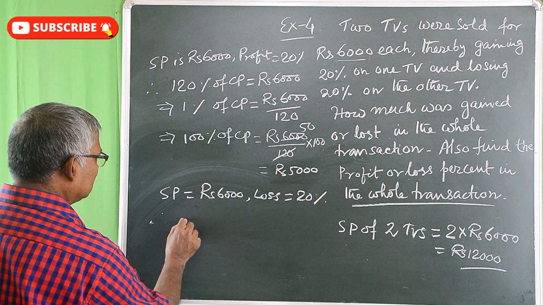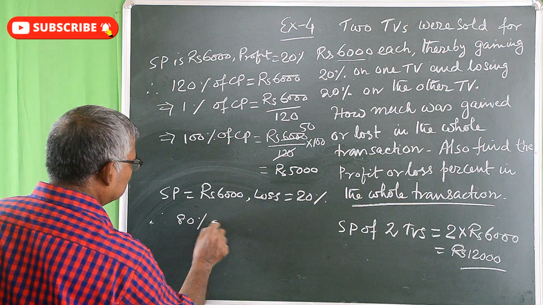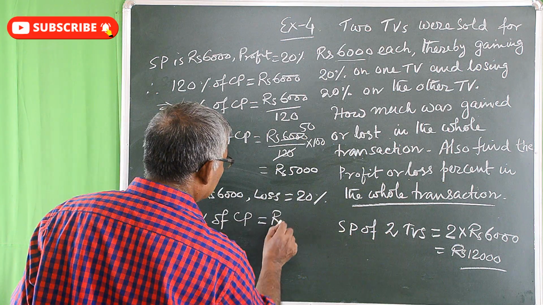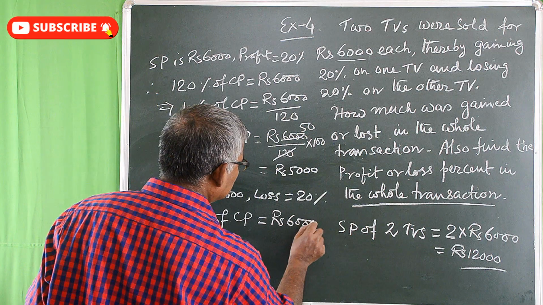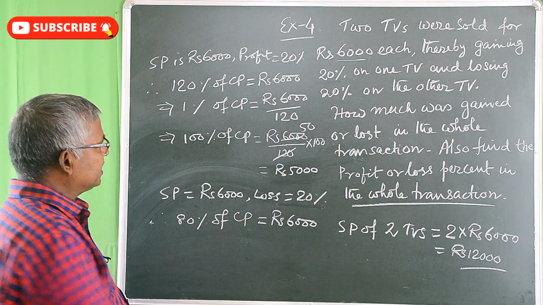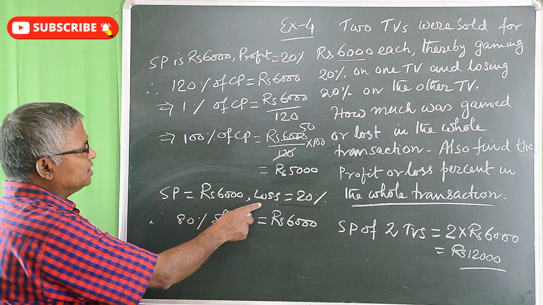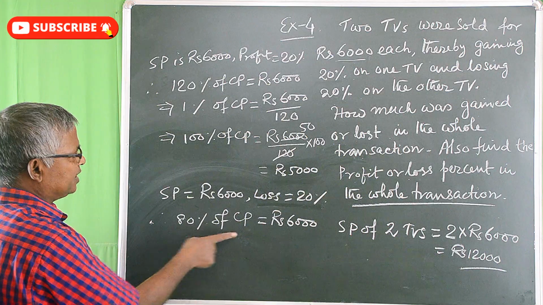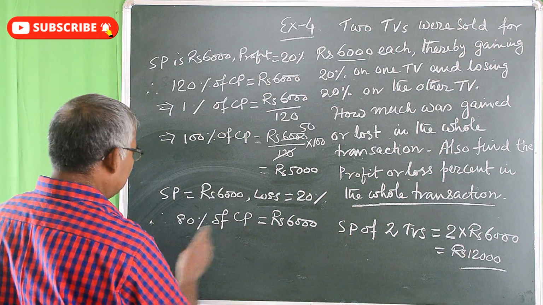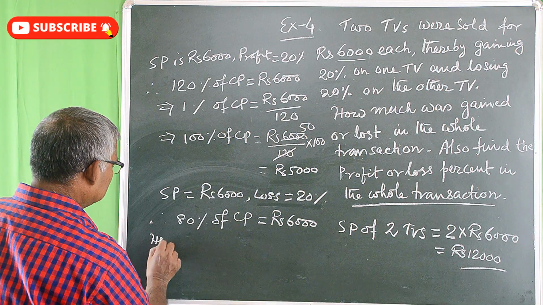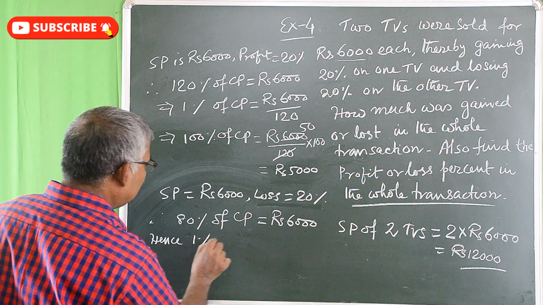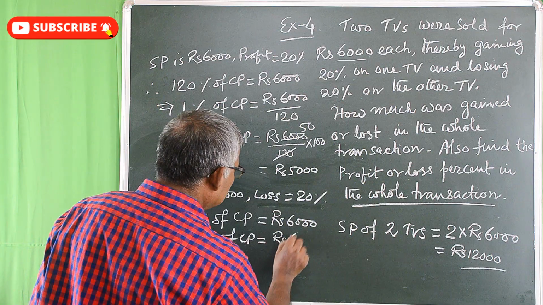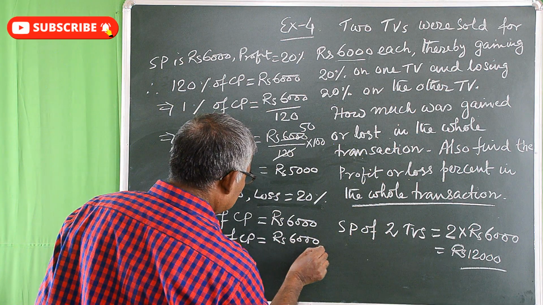Therefore, 80% of cost price equal to rupees 6,000. Hence, 1% of CP equal to rupees 6,000 by 80.